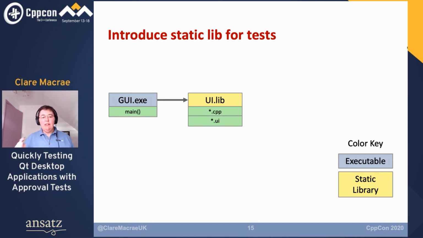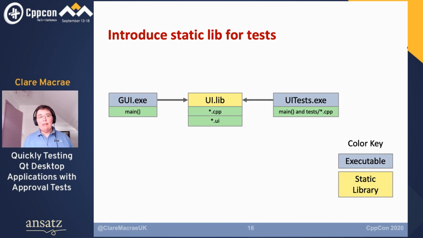And once you've created that static library, you can then write a new test executable, which I've called UI Tests for lack of imagination, and it will contain its own main and its own test CPP files. So the UI code, the majority of the code, the implementation is compiled once into a static library, and then two or more executables link that library.